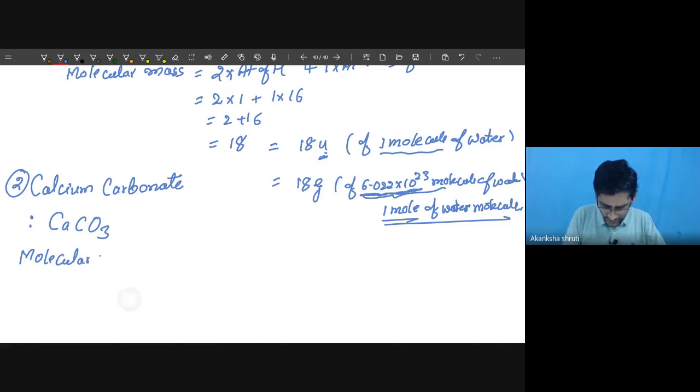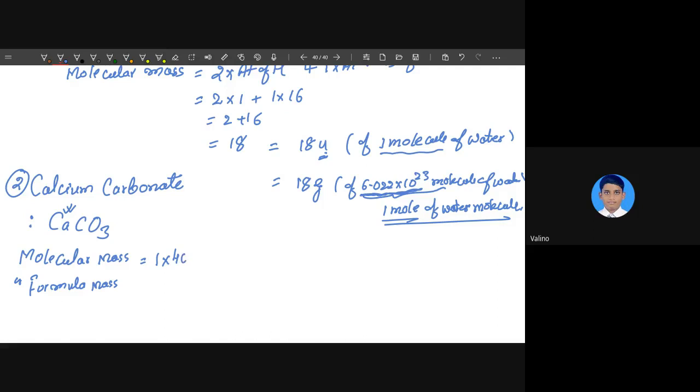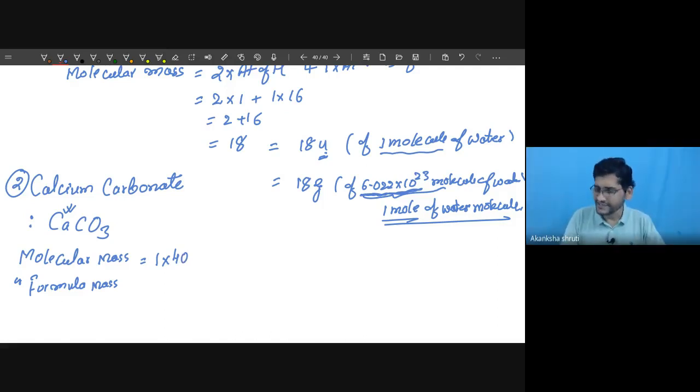Now the mass, or molecular mass. Whether written as molecular mass or formula mass, they mean the same thing. Here we need to consider each atom. First the calcium. How many atoms of calcium are here? Only 1. So we use 1 into the mass of calcium, which is 40 u. Very good. Just put the 40, and lastly put the u. Plus, now coming to carbon. How many atoms of carbon here? 1 atom of carbon.